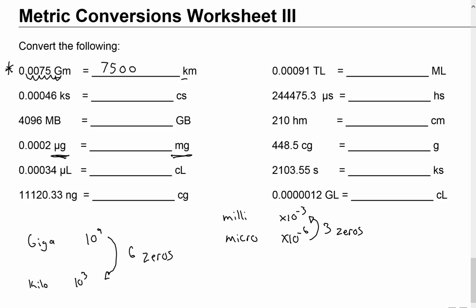And here, because I'm moving up the scale, I'm going to move the decimal point 3 places to the left. So here I go 1, 2, 3. So I'm actually going to get an even smaller number here. So let's see here. 0.0000002.